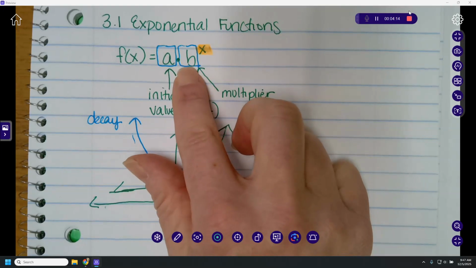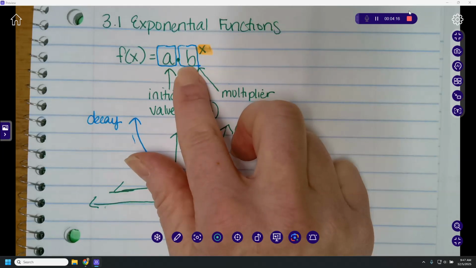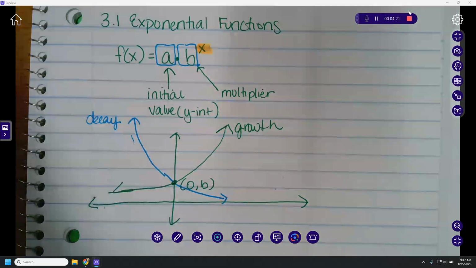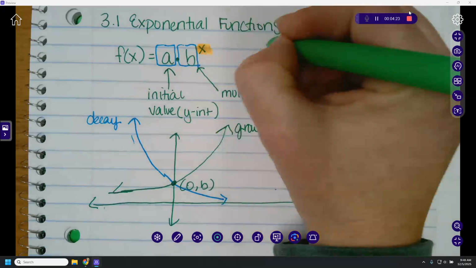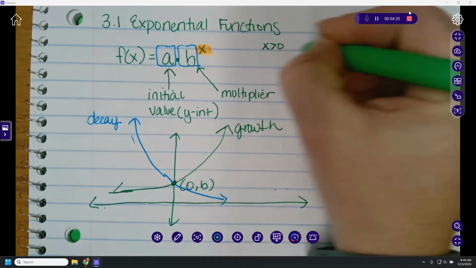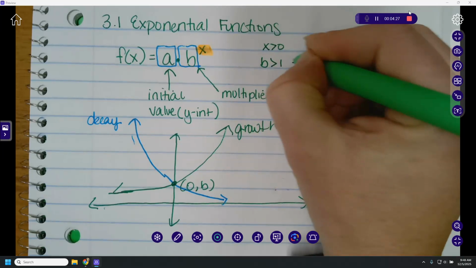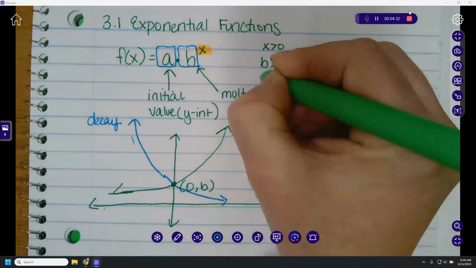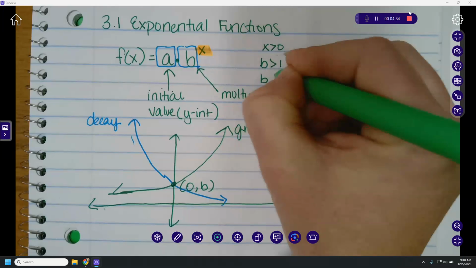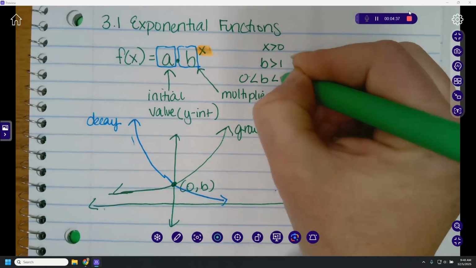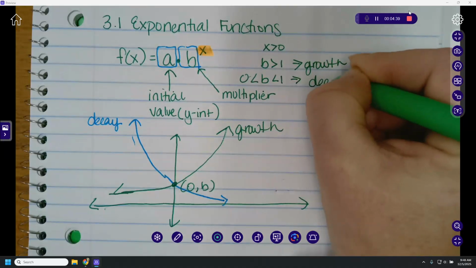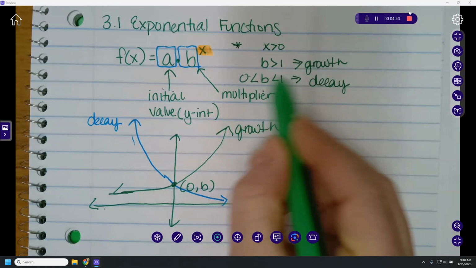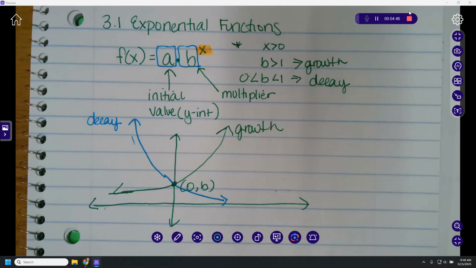If this b is bigger than 1, what happens when you multiply by something bigger than 1? Is it going to be a growth or a decay situation? Growth. Okay, so as long as x is positive and b is greater than 1, that's going to be a growth situation. And then if b is between 0 and 1, it's going to be decay. So really make sure we're looking at those b values when we're deciding if it's growth or decay.